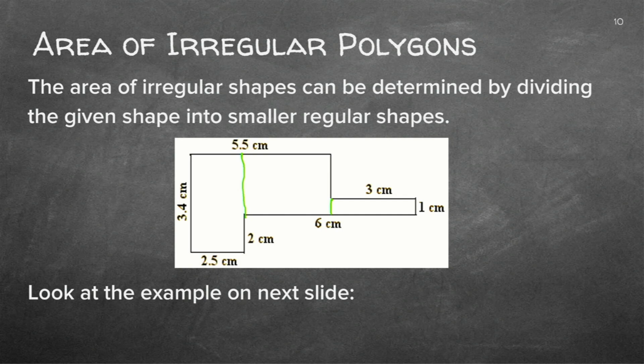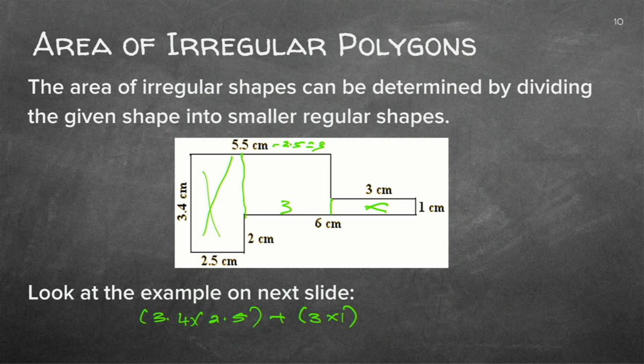Okay. So let's see. We've got the first one is 3.4 times 2.5. Okay, so that is that one, right? Then this is another one, plus 3 times 1. Now this one we've got to work out, okay? So we can work it out. We know they give us a 2.5 there, so we subtract 2.5, which will give us 3. If we have to check, we've got 6 and there's 3, so we know that this length is 3.